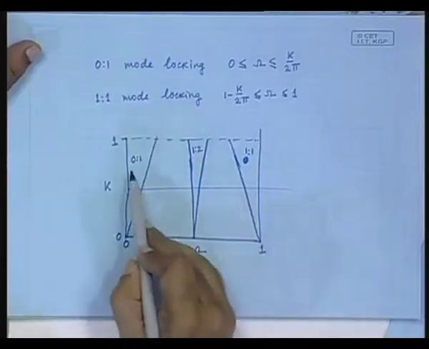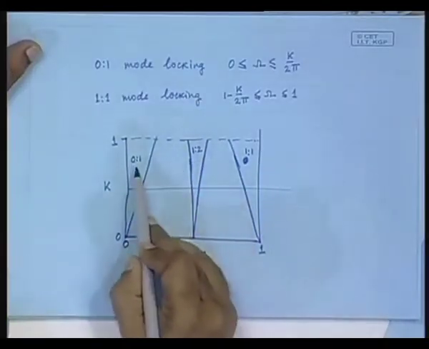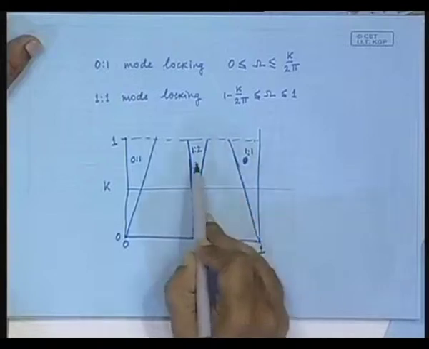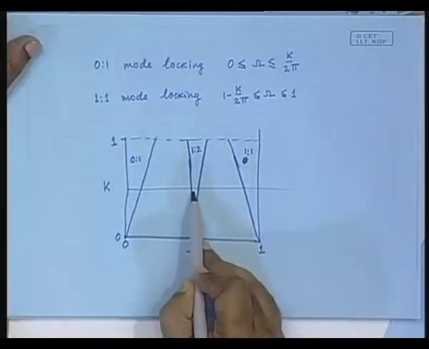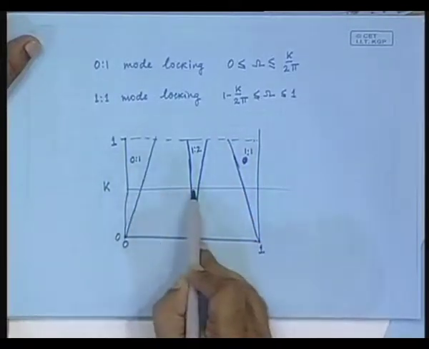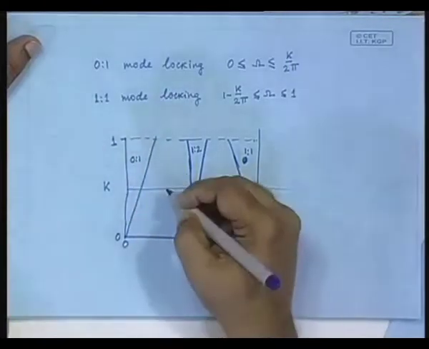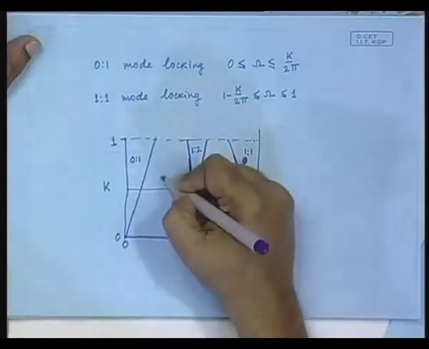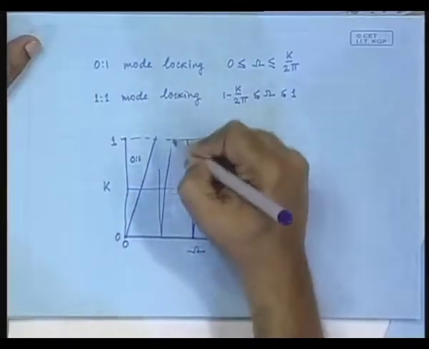Okay. So, now we can do some filling up of this. In between these two, what do you expect? In between 0 and 1, you expect a 1:2 ratio. It happened. In between these two, you expect which ratio? 1 by 3. So, that should be something like this. It should widen up like this.